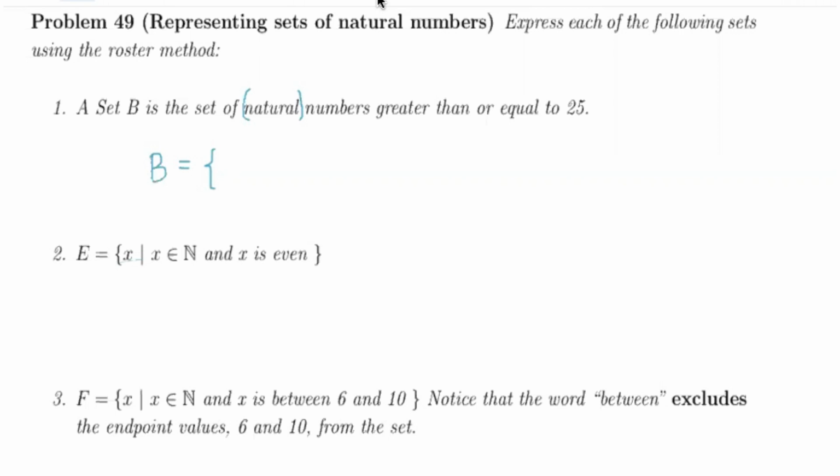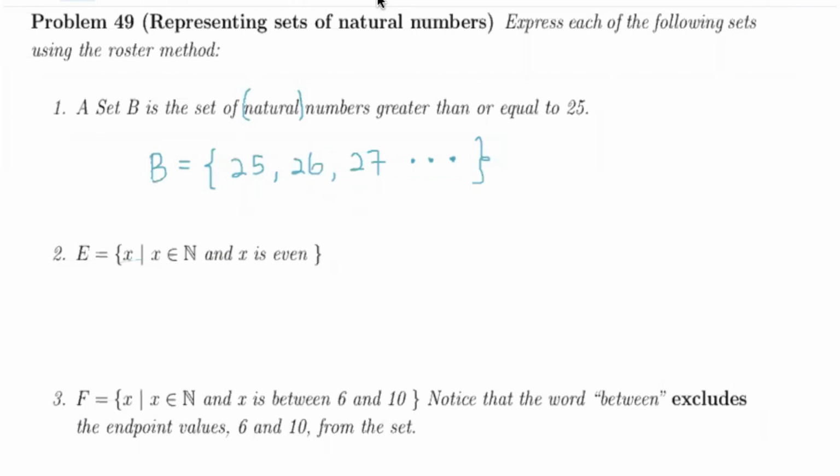Yeah, so I put B equals bracket 25, comma 26, comma, dot dot dot. That's what I put. It goes forever. Very good. That's what it is. I usually write 3 or 4 elements before I put the dots so I can see the pattern. Very good, Kayla.